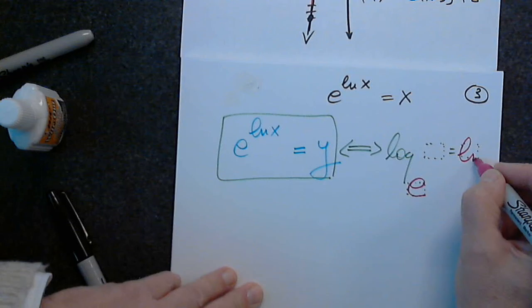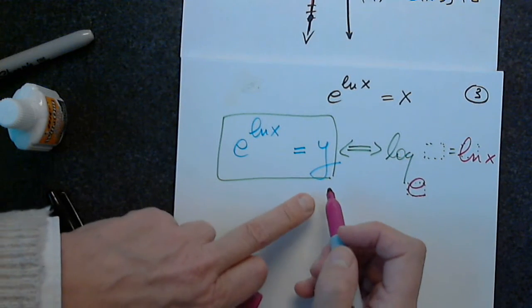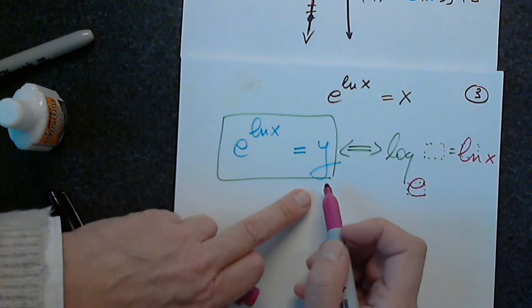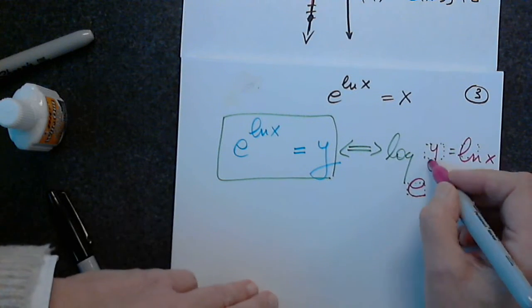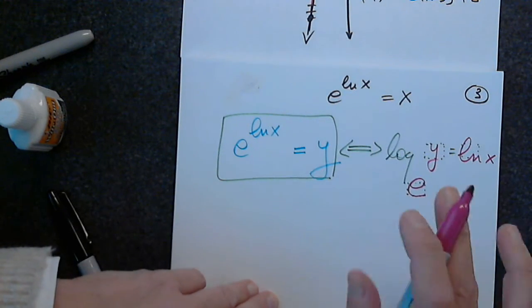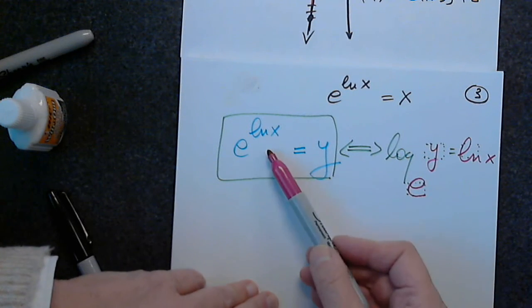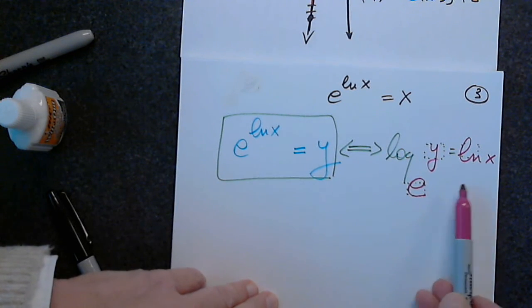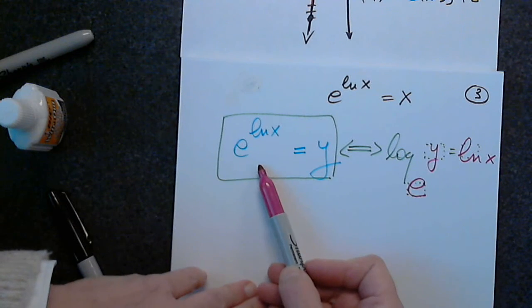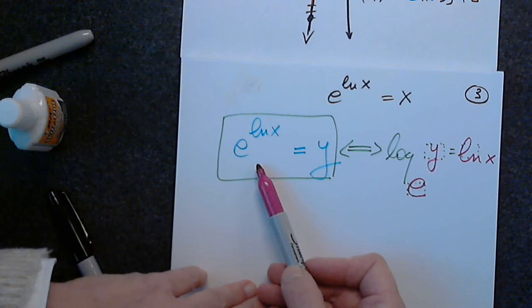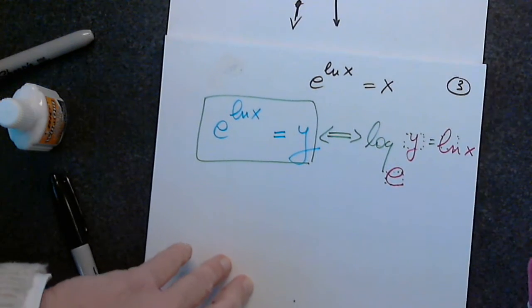Very good, awesome. And what is the number as the result? y. Good. Let's try this again, going backwards to make sure that this is clear. E raised to this power equals y. Do I have that here? Yes? Good. Now I have to make an adjustment.